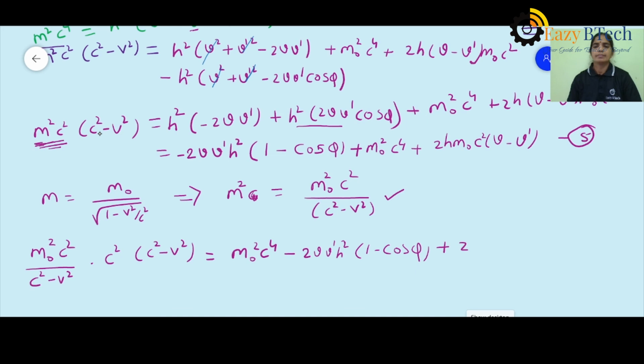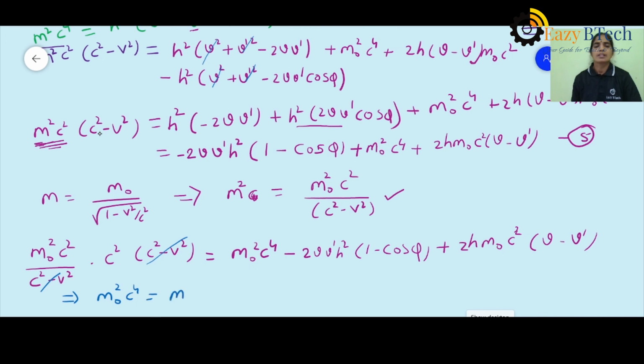Still what do I have? 2h m naught c square into mu minus mu prime. So if you look at this expression now, c square minus v square will be cancelled. So how much will be left for us? m naught square c power 4.